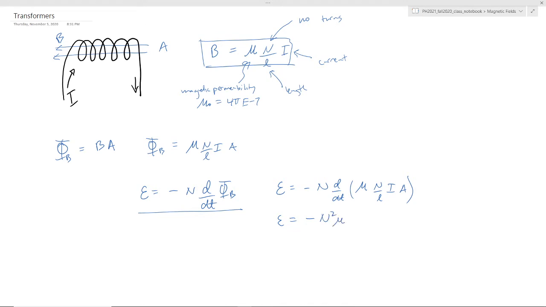It's mu over L times the area. Really, the only thing that's changing is the current. And it turns out that this stuff is something called the inductance for a solenoid.